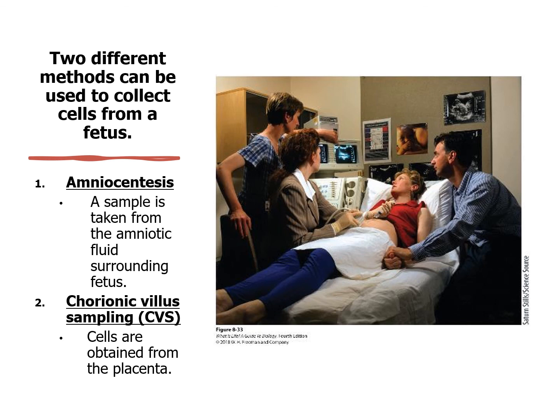So there are two different methods that can be used to collect cells from a fetus in order to sort of screen for any conditions that may be developing that maybe the sonograms don't show. And I am going to struggle with these words. Amniocentesis, there we are, is a sample that is taken from the amniotic fluid surrounding the fetus inside of the mother.